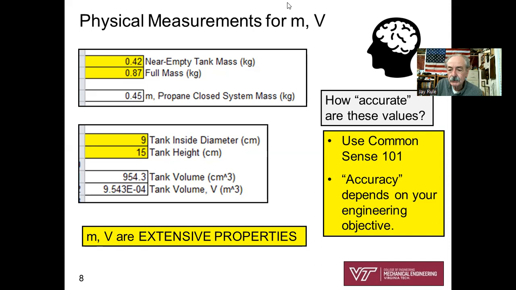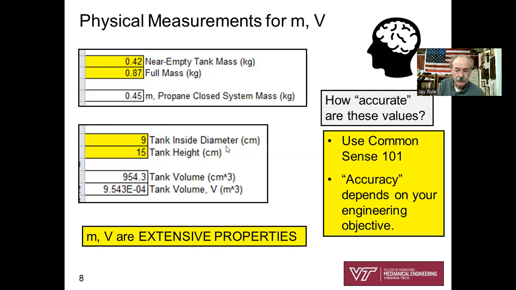Now, just by the way, I've got a picture of your brain thinking, how accurate are these values? Notice here that as an engineer, I'm only putting down about 4 significant figures on the tank volume. As best I could, I measured the tank height in centimeters, not in millimeters. So the accuracy of this analysis depends on your engineering objective.